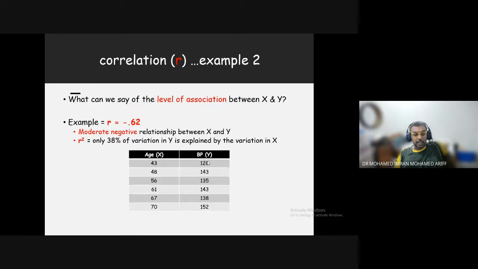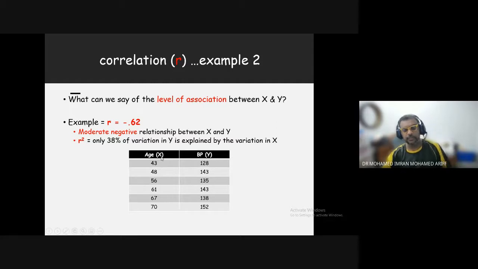Atau satu lagi cara ialah, look back here, if we say R equals to negative 0.62, R square equals to 38%, it means 38% of the variation in Y is explained by the variation in X. Maksudnya 38% of the variation here is explained by this one here.